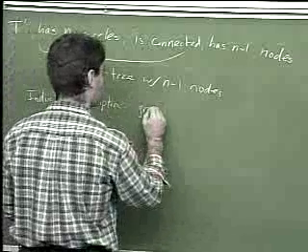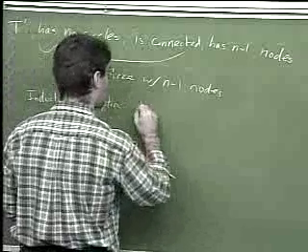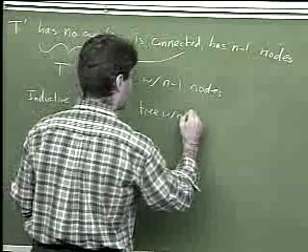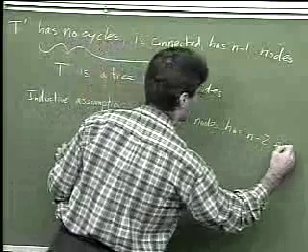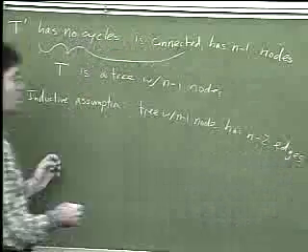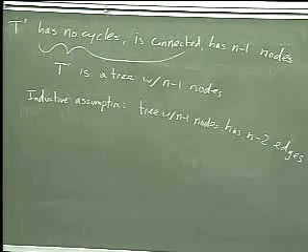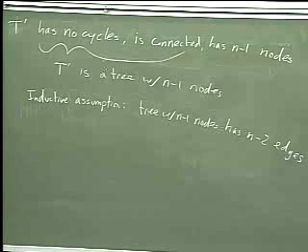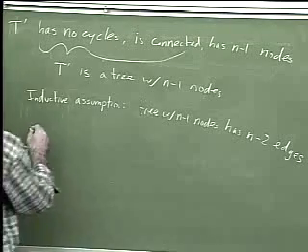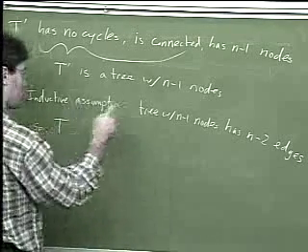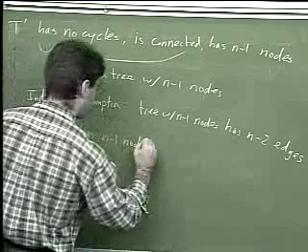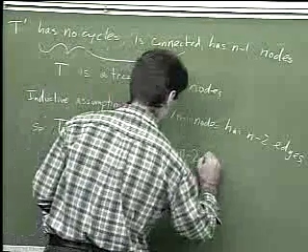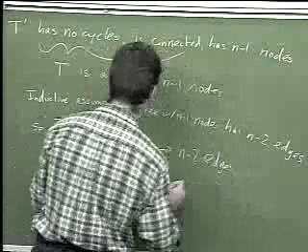Which was that a tree with n minus 1 nodes has n minus 2 edges. T prime has one fewer node and one fewer edge than T. So T prime has n minus 1 nodes, n minus 2 edges.